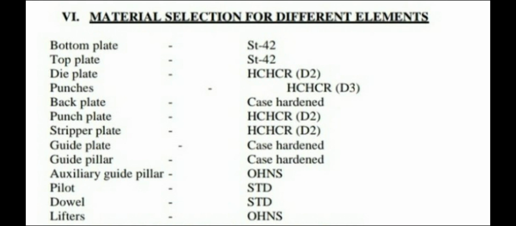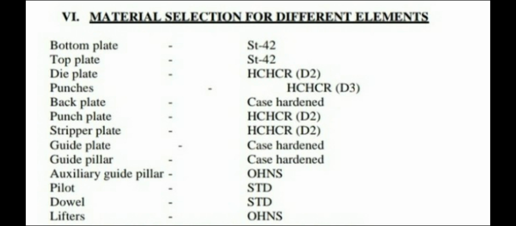Okay, now we'll discuss material selection for different elements. The bottom plate is made up of ST42 material. The top plate is made up of ST42 material. Then the die plate is made up of HCR-D2. Punches are made up of HCR-D3. Then the back plate is used. The material used is case hardened.